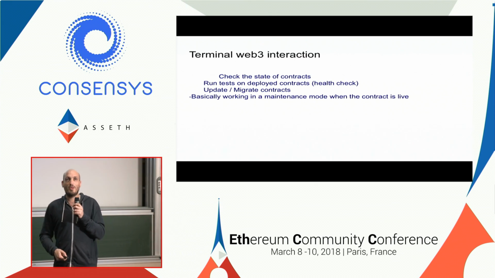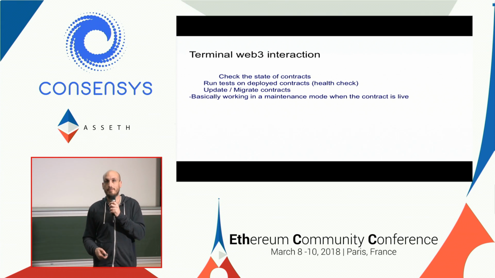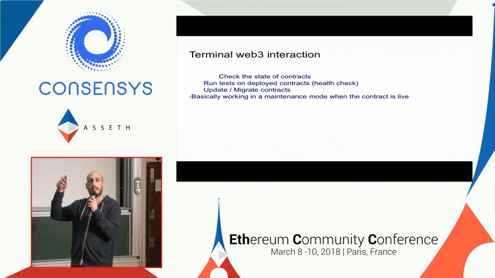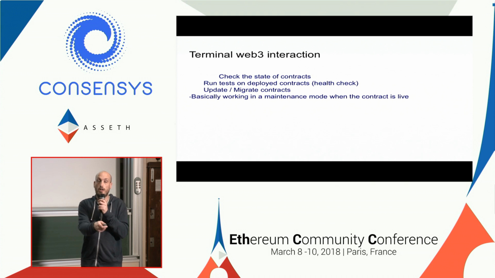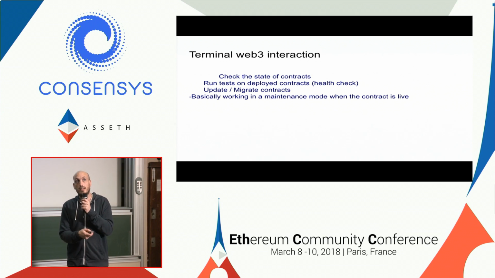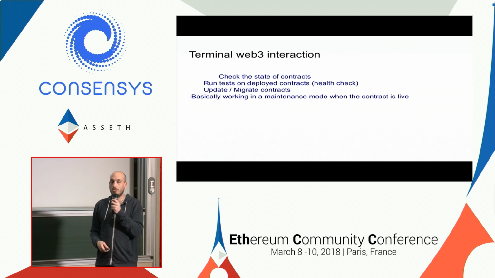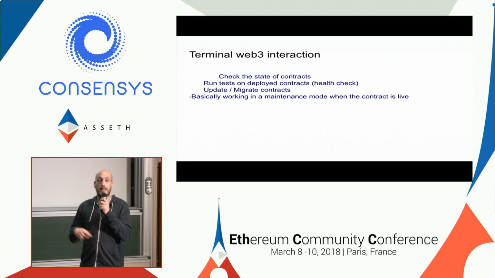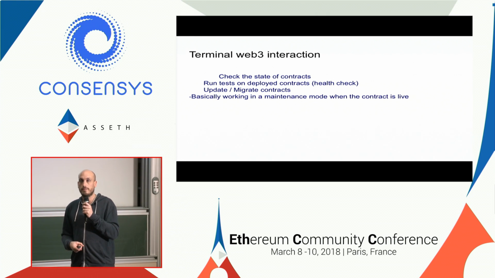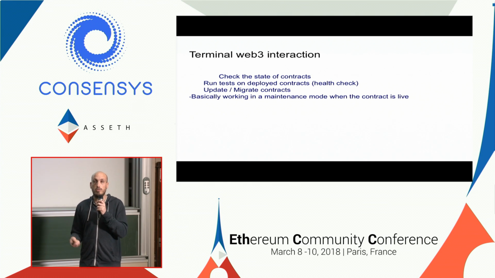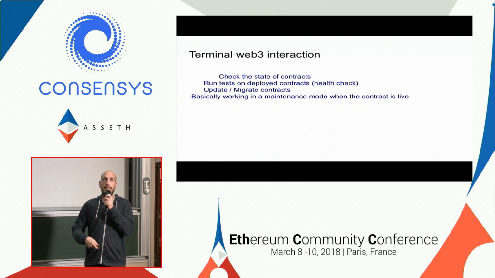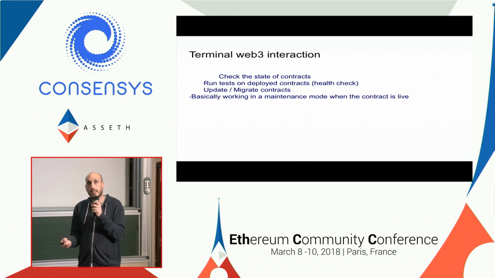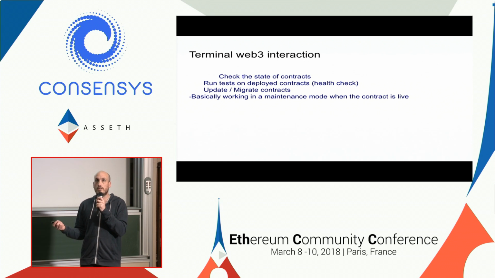Yeah. So we have a terminal in Remix, and basically you can input the Web3 object in this terminal, and you can make requests to the network. It can be used when you develop a contract, but I really think that we all, I mean, us too, should use it when you want to maintain a contract. Let's say that you have your contract deployed live, and it should be easy to just paste some script that will be executed in the terminal, that can run some tests, some checks, and that can verify if the contract is healthy.